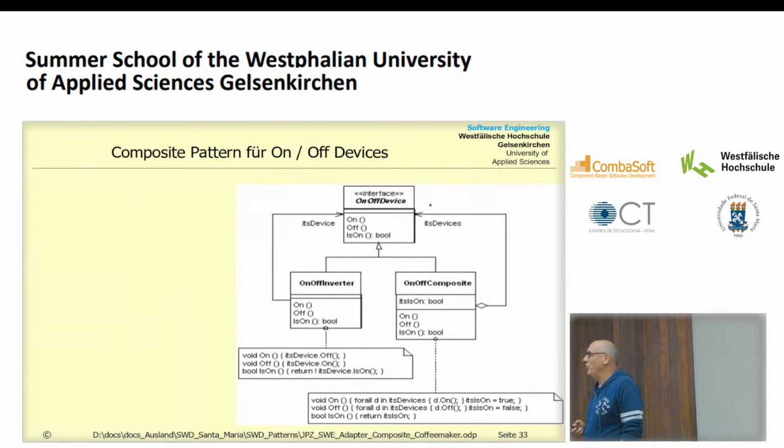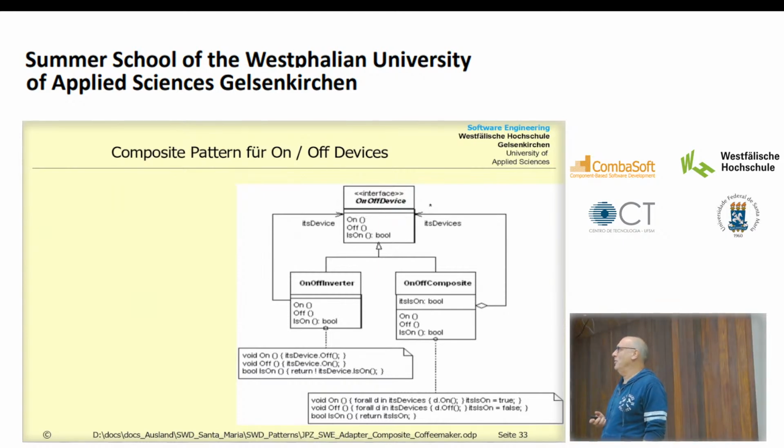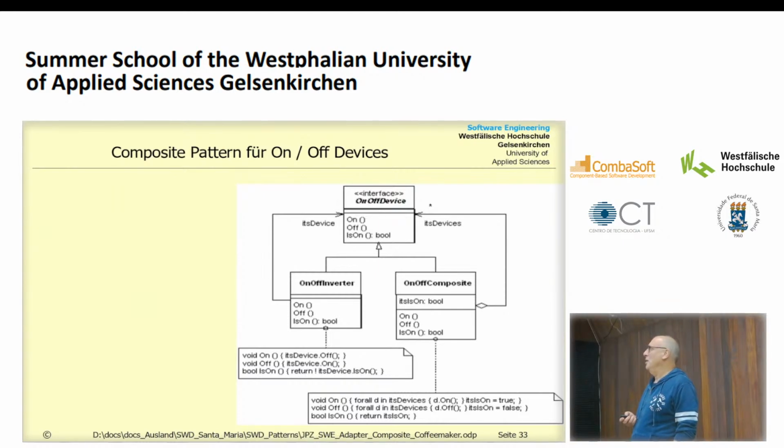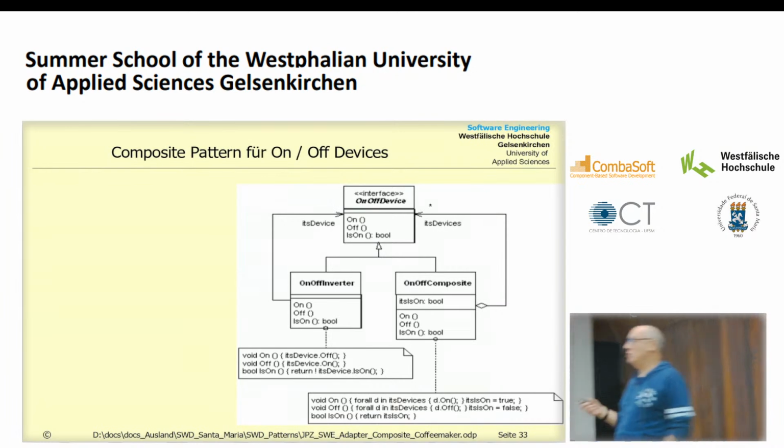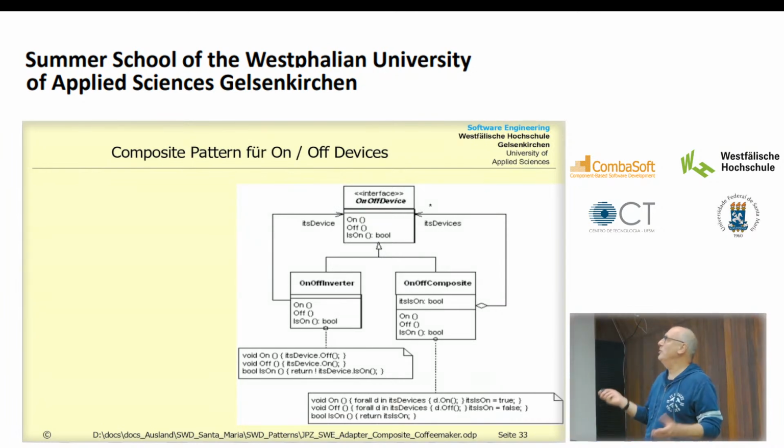pattern. A composite pattern is a little bit more difficult than the others. A composite pattern has a whole part structure. We have something which is a whole, and it is divided to parts.